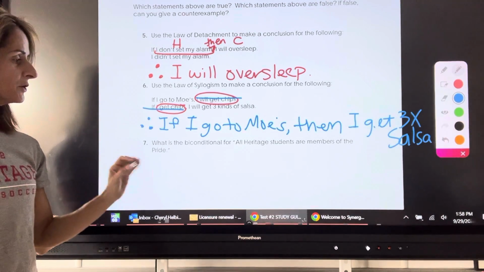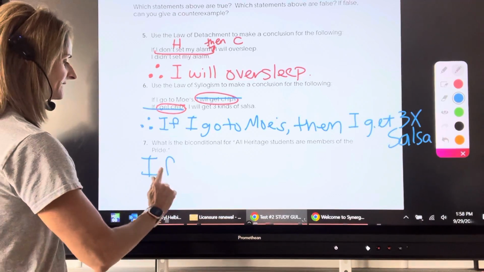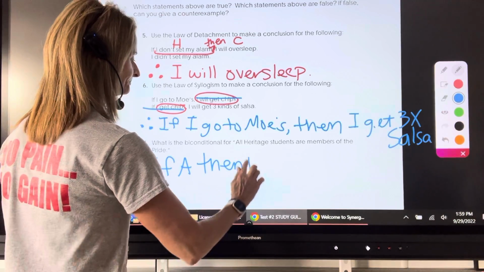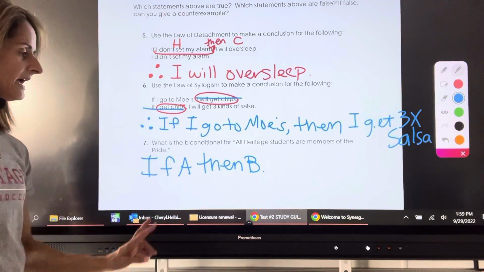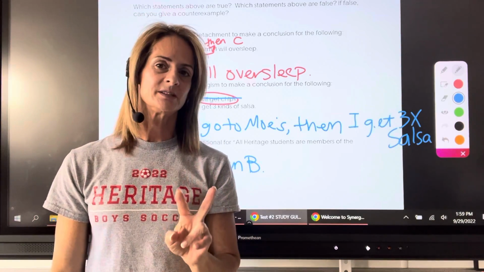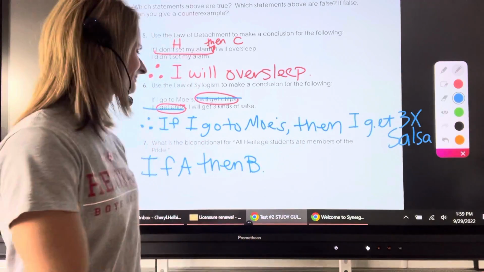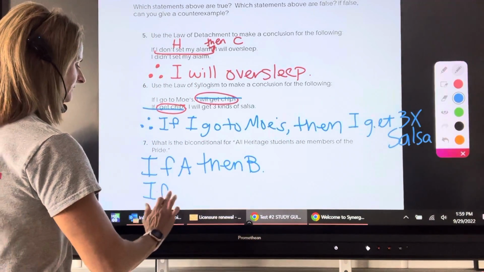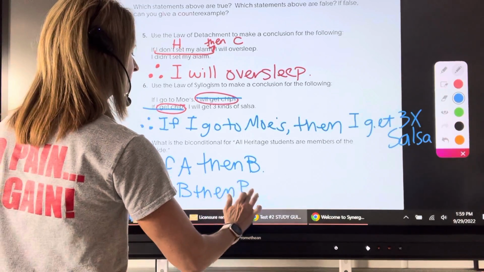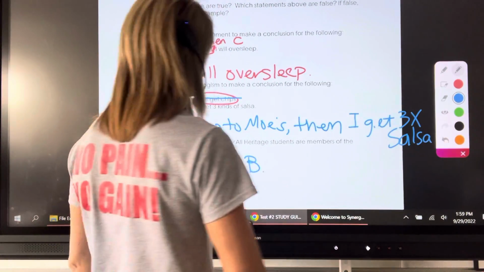The last thing I want to go over is the biconditional, okay? If you write a conditional statement, and I'll put it in the form if A, then B. And we've just talked about how the converse isn't necessarily true if the conditional statement is true, okay? But sometimes it is. You switch them and it's still true. So here's the converse. If B, then A. If both of those statements are true, you can write what's called the biconditional.